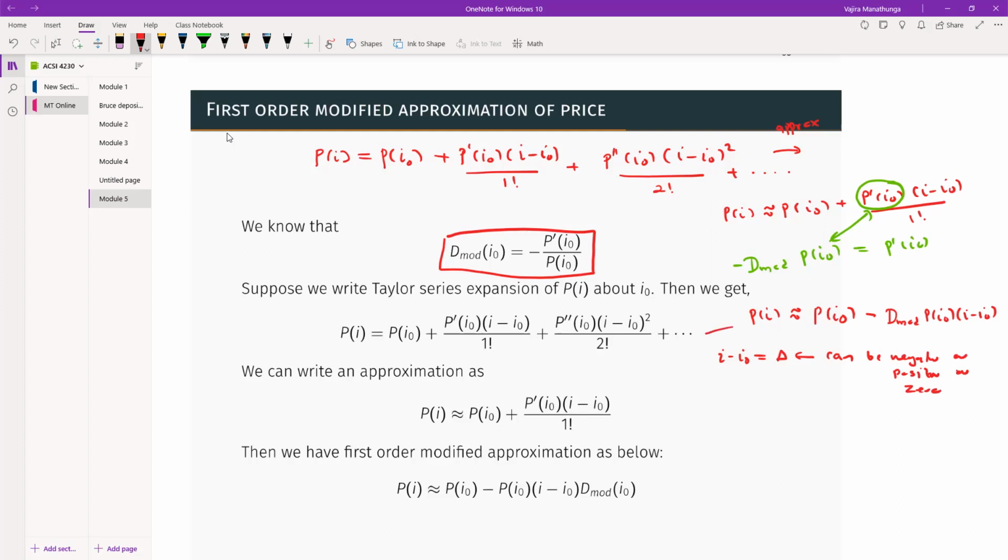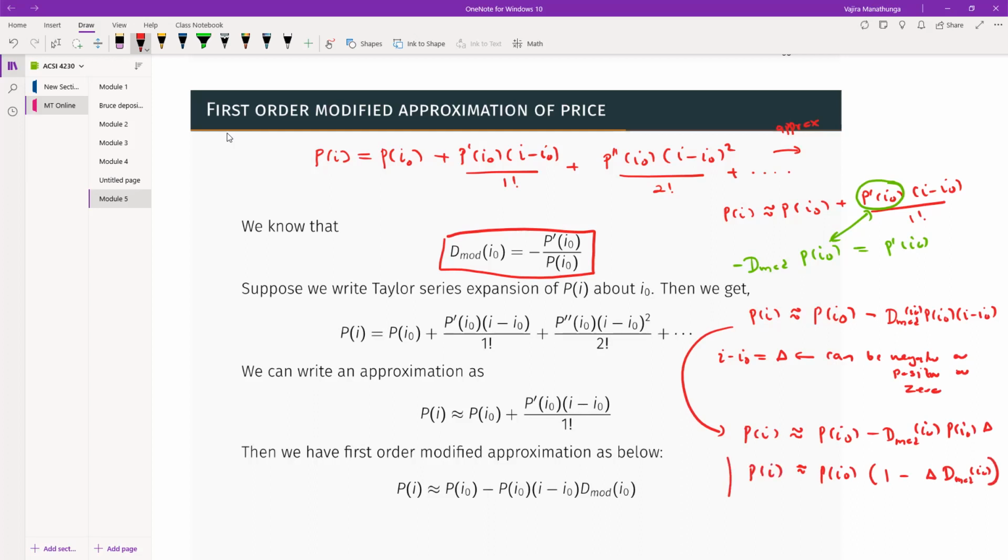So if I use that notation, then I can write P(i) approximately equal to P(i0) minus delta times d_mod(i0) times P(i0). Actually, this is what rate you are using. So I can take the P(i0) as a common factor. Then you can see it's 1 minus delta times d_mod(i0).